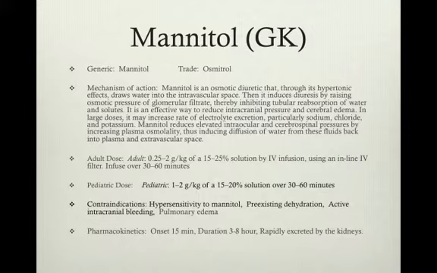It's an effective way to reduce intracranial pressure and cerebral edema. In large doses, it may increase the rate of electrolyte excretion, particularly sodium chloride and potassium. Mannitol reduces elevated intraocular and cerebrospinal pressures by increasing plasma osmolarity, thus inducing diffusion of water from these fluids back into the plasma and extravascular space.